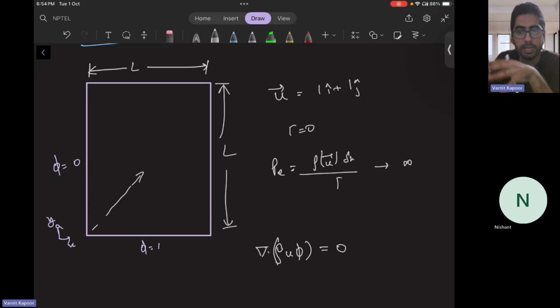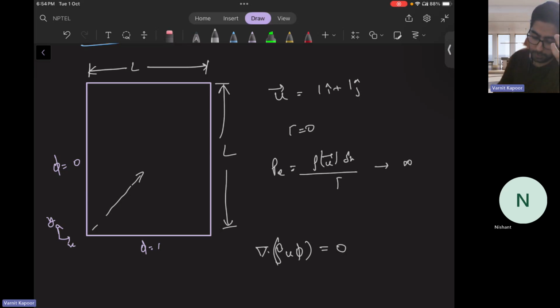So this entire region would be filled with phi equal to 0. But there is no diffusion, so you will see an abrupt jump along the diagonal.